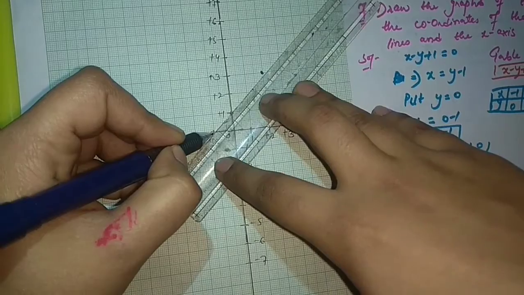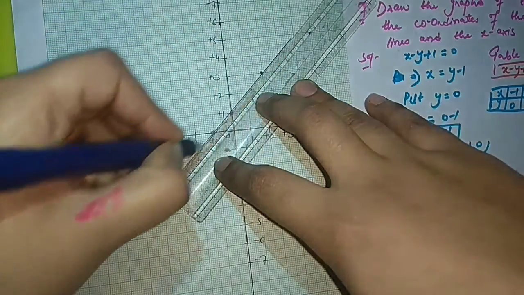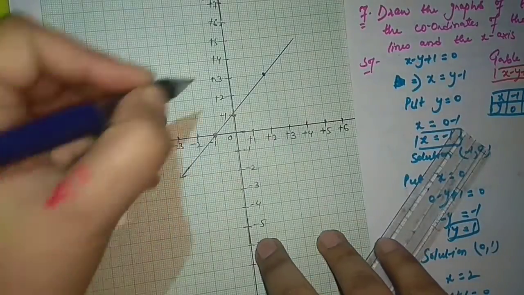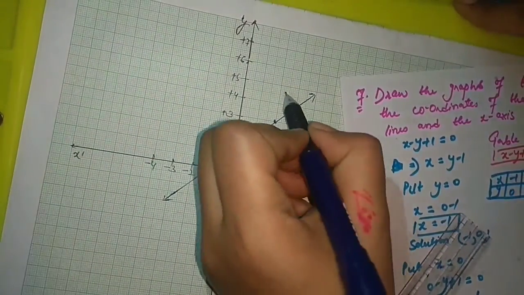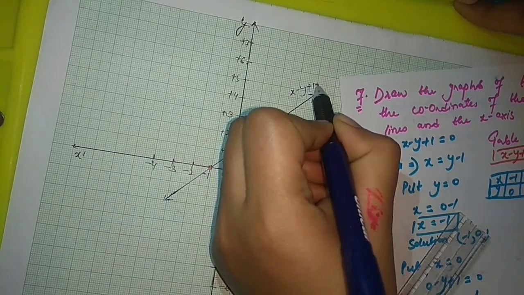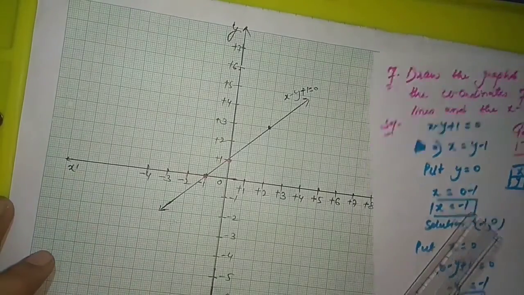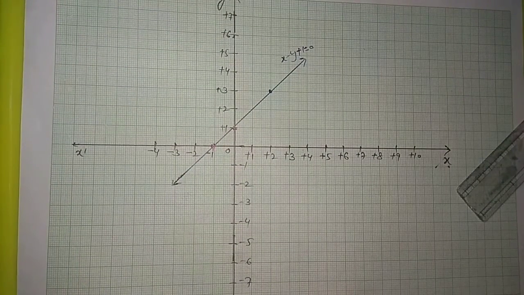So here we have our first line corresponding to the equation, and we have to write here, x minus y plus 1 is equal to 0. Clear? So let's draw the next line.